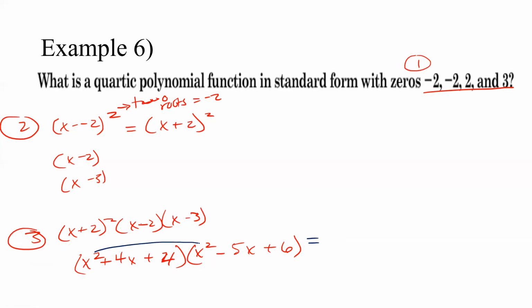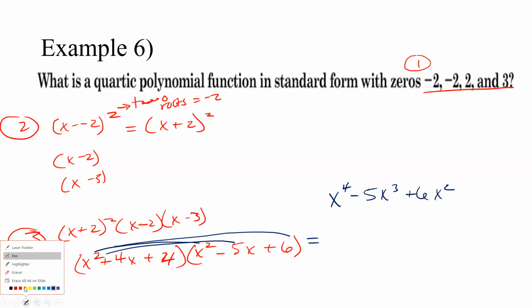So I have x squared times x squared, which gives me x to the 4th. Then we have x squared times negative 5x, that gives me negative 5x cubed. And then x squared times 6 is 6x squared.